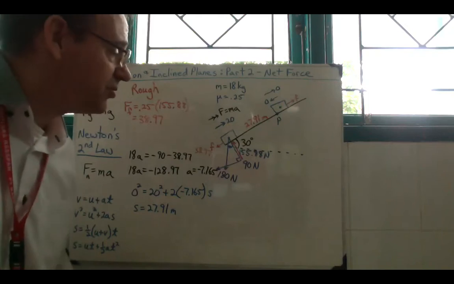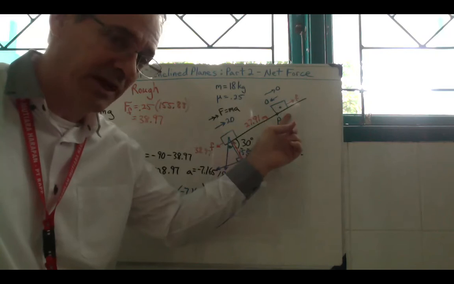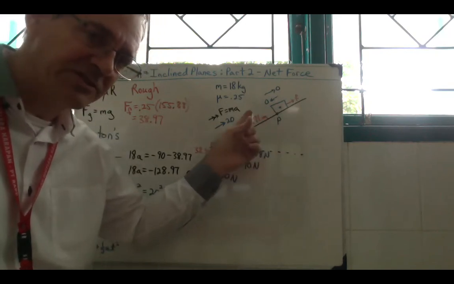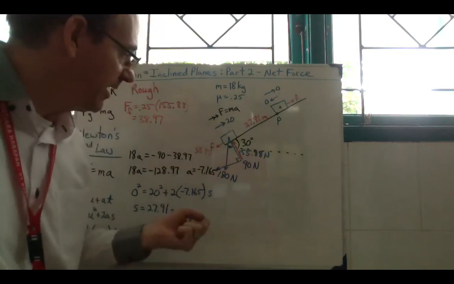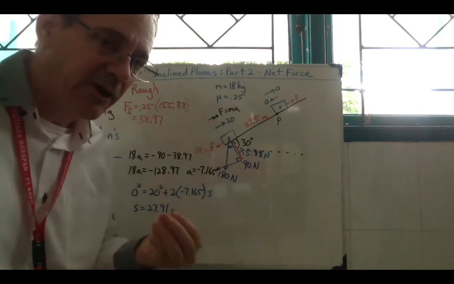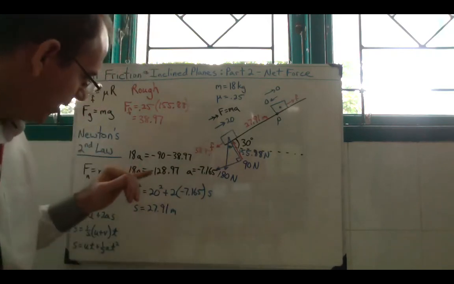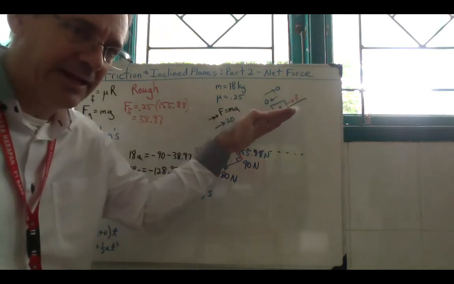Now what we need to do is this box now has stopped, or this object has stopped. It's now going to start sliding back down the slope and it's going to gain speed, and we need to find the speed at the bottom. So we need to recalculate the acceleration. Before, the acceleration was a deceleration, it's slowing down.